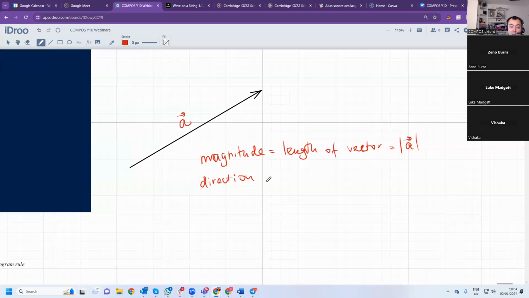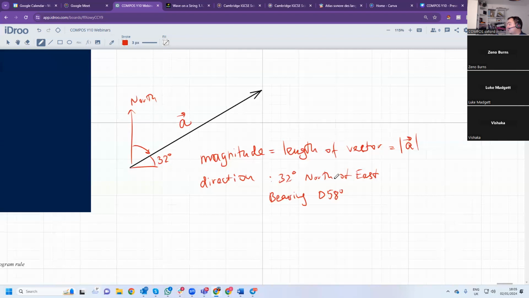The direction. There are different ways you can say the direction. So you can say, for example, if this is 32 degrees, direction 32 degrees north of east, or you can say bearing, so if this is north, the bearing would be 58, bearing 058.